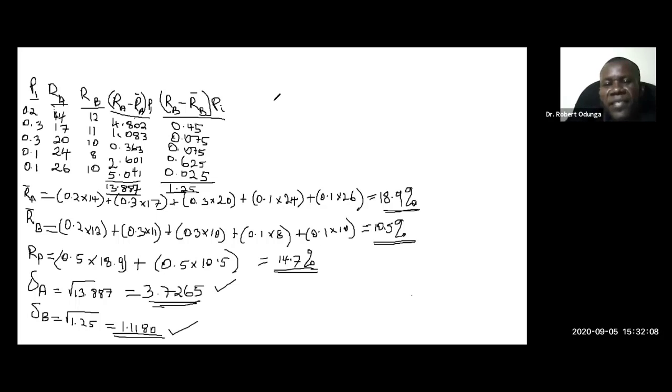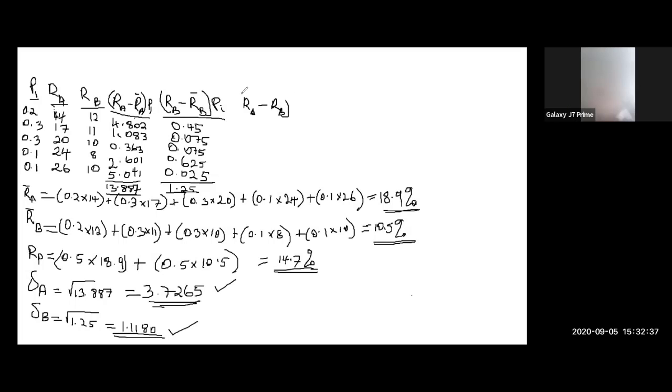Because for us to determine the risk of the portfolio, we need to get the covariance between the two projects, A and B. So the covariance is determined by RA minus RB times PI.